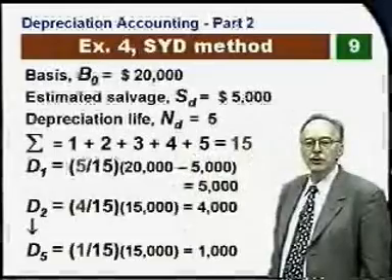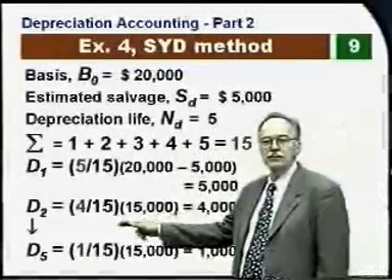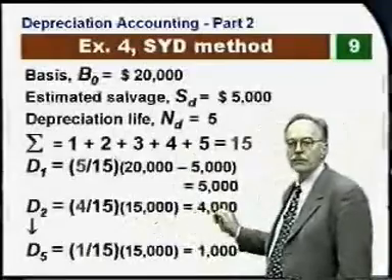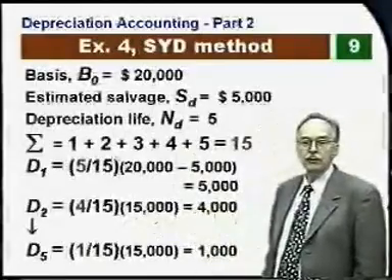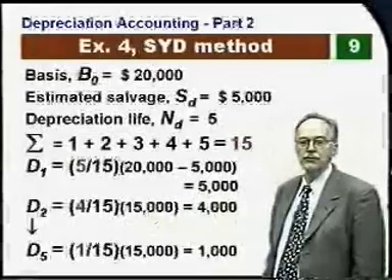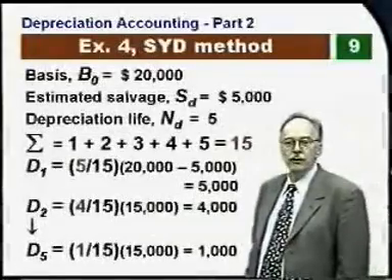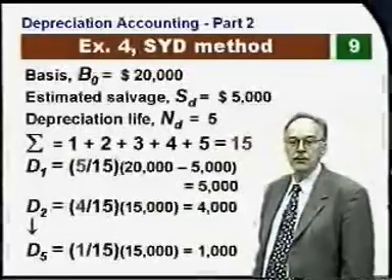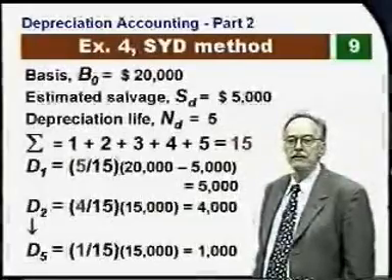So the year 2 depreciation is going to be 4/15 times 15,000. That's 4,000. In the third year, of course, we would have 3 over 15 times 15,000, or 3,000. In the fourth year, it would be 2/15, and then, of course, in the last year, it's 1/15.